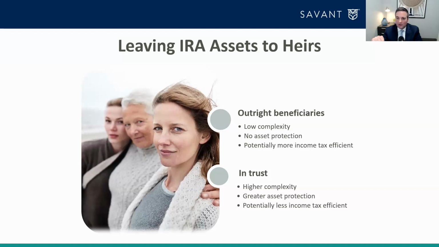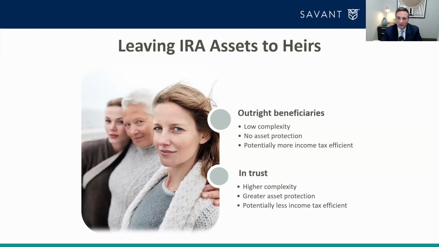But you're going to be faced with the decision of, well, do I want to leave my IRA assets to my beneficiaries outright and free of trust just by naming them as direct people on the form? Or do I want to coordinate, for example, my beneficiary designations for trusts that I'm establishing for my loved ones after my death? And Mike spoke about a couple of examples as to why you might want to do that.